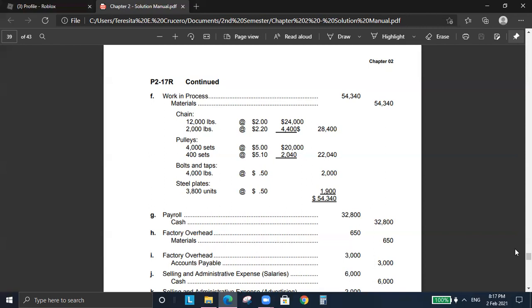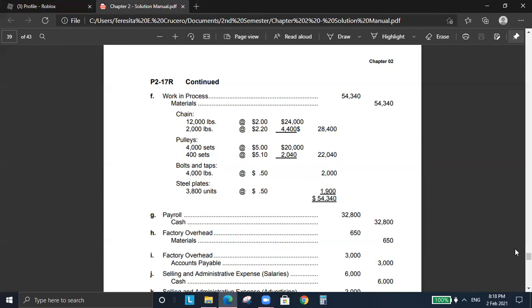The total number used for bolts and tops is only 4,000 pounds, so it's only part of the beginning inventory. Multiplying it by 50 cents, the total cost is 2,000. Actually, during the month of October, there were no purchases of these bolts and tops.